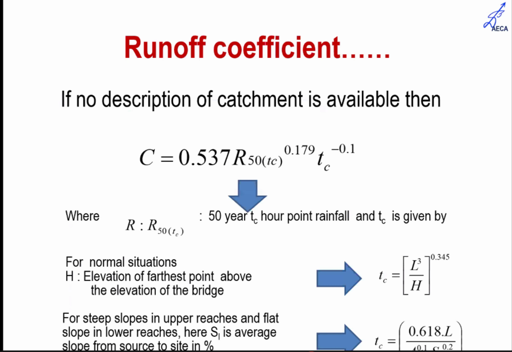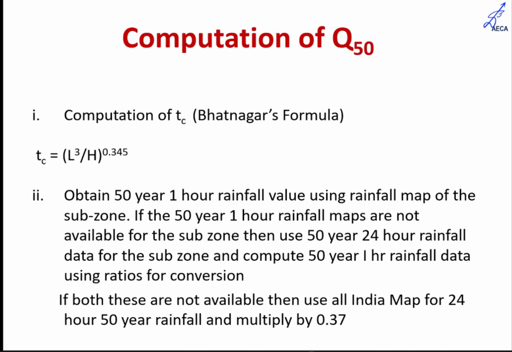If no description of the catchment terrain is available, then we can sometimes use a general formula which is recommended again by RBF 16, that is 0.537 R50 times TC raised to 0.179, and TC raised to minus 0.1. The time of concentration is worked out using Bhatnagar's formula.